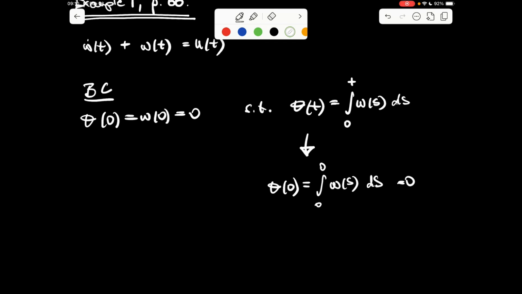So this is one condition. This is an initial condition.